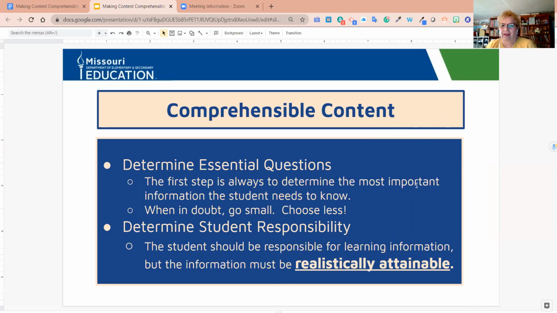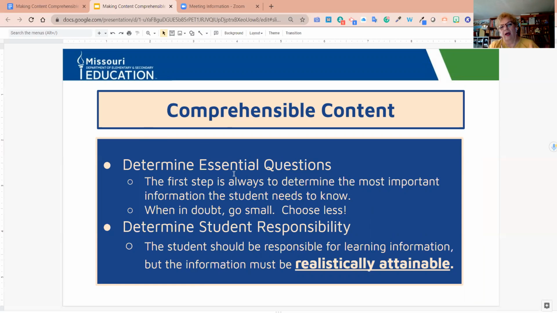So for the content, one of the biggest and most important things we can do is set our essential question for the student. That's the first step in determining what is going to be most important about what we're teaching. And like it says here, when you're in doubt, go small, choose less, focus in on a specific skill that you need them to get.